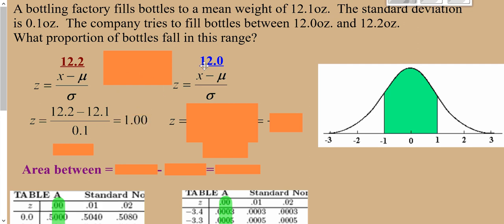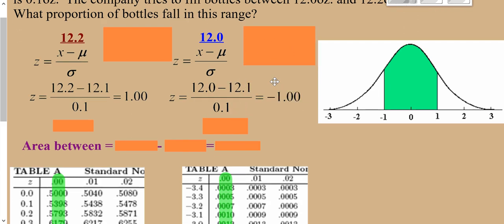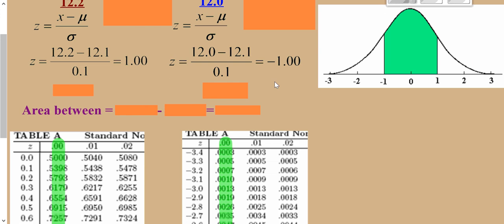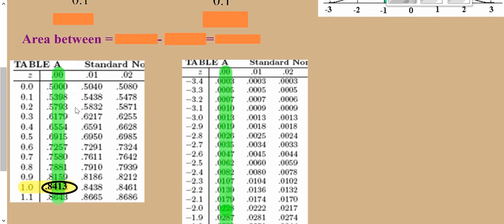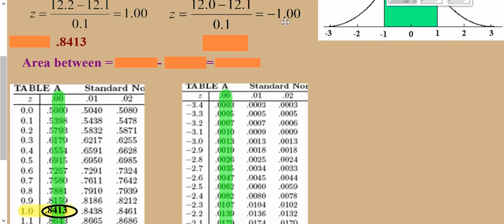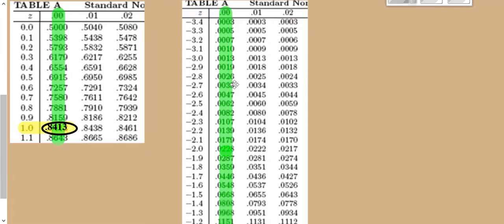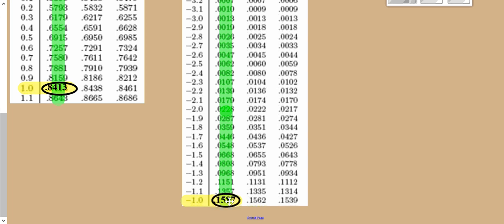For 12, we go 12 minus our mean over 0.1. Now we'd have to look each one of these up in our table. So 1.00 would be this number here. Then you'd have to look up negative 1.0. Well, that would be this number here.